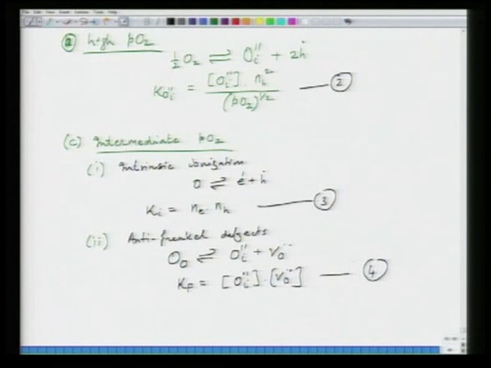If you combine these expressions, combining the above expressions gives us Kf multiplied by Ki square is equal to Kvo multiplied by Koi.